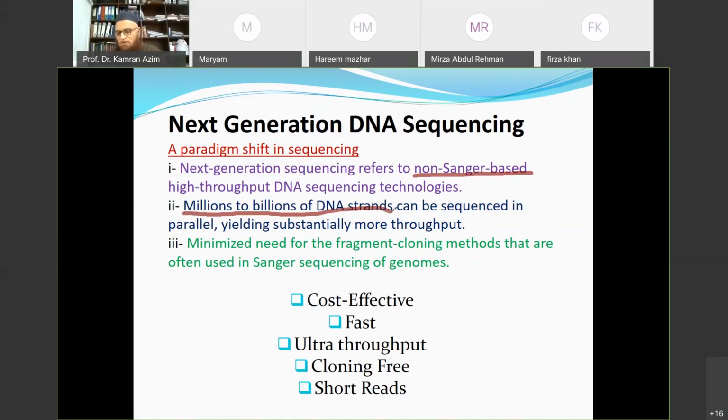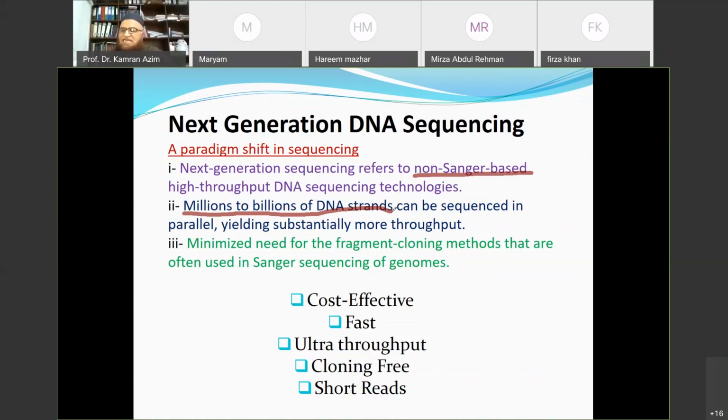As I mentioned before, the genomic DNA is fragmented into pieces. So when you fragment the DNA molecule, you can have hundreds of thousands or even millions of DNA sequences after fragmentation in the test tube. In one test tube, DNA is fragmented into many pieces, and these pieces can be millions.